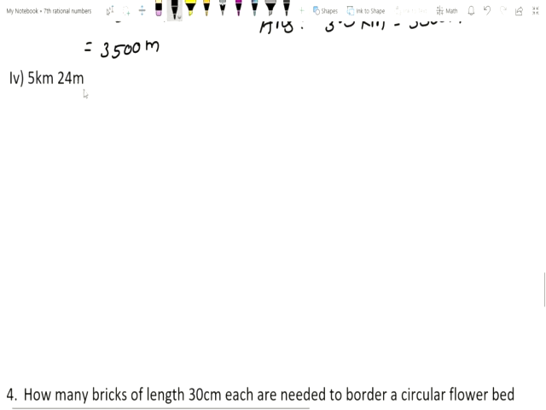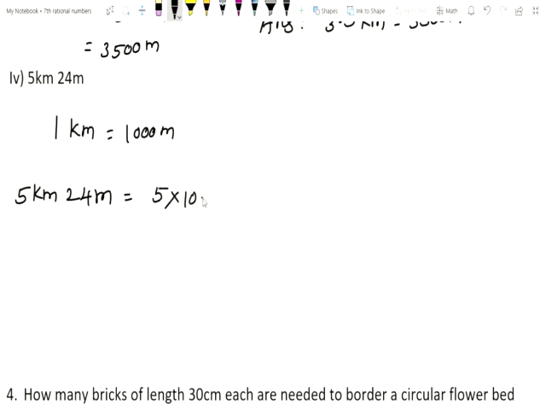Five kilometer, 24 meter. We found the relation, no? 1 kilometer equal to 1000 meter. So 5 kilometer, 24 meter equal to 5 kilometer. How can you write this, children? 5 into 1000 meter plus 24 meter, because already it is in the meter, we are going to add only.